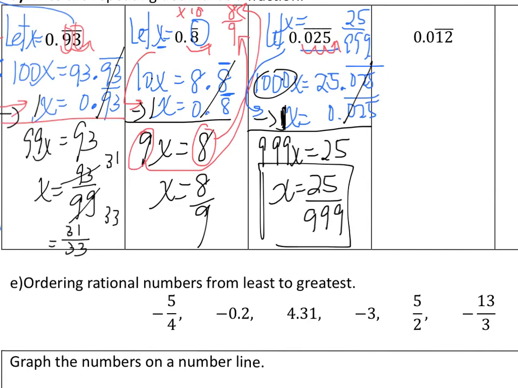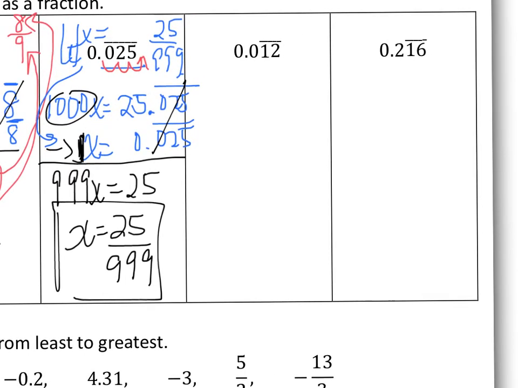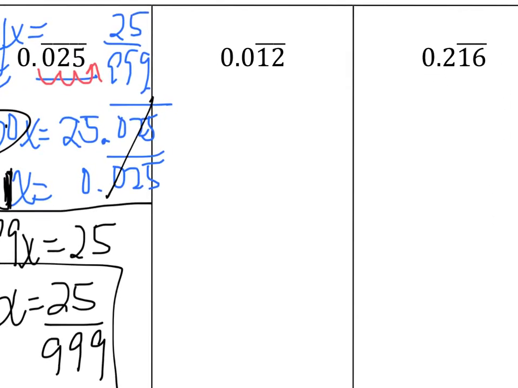Okay, and then for the next problem, I would like you to work out the steps because it's a little special. See, one digit is not repeating, and you have two digits that are repeating. So let x equal this again, and because I have two digits repeating, I'm going to multiply by 2 zeros, so 100x.